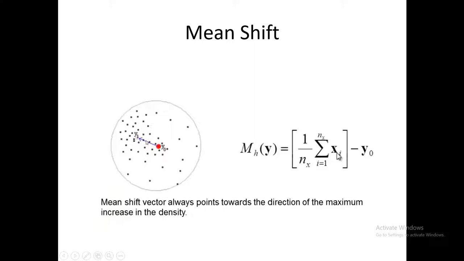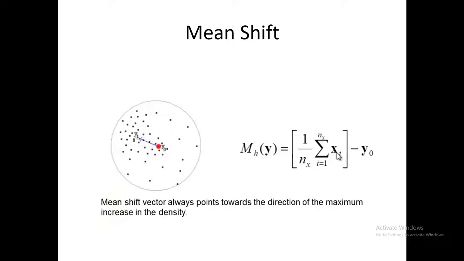It will stop only when this mean shift will be 0, and it will not move further. And the mean computed here is equally weighted. We can see here we estimate with equal weight of 1. All of the points are equally weighted.